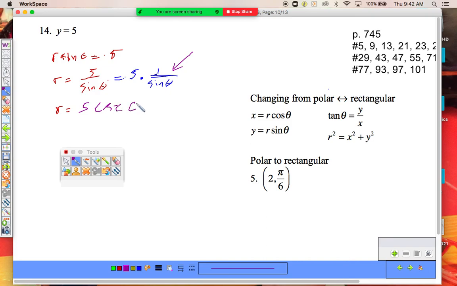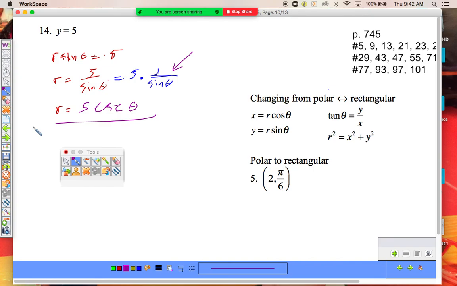Great, everybody said it. 5 cosecant theta. Dividing by sine, this reciprocal identity, is the same as multiplying by cosecant. That's your cleanest, best looking answer you can give.